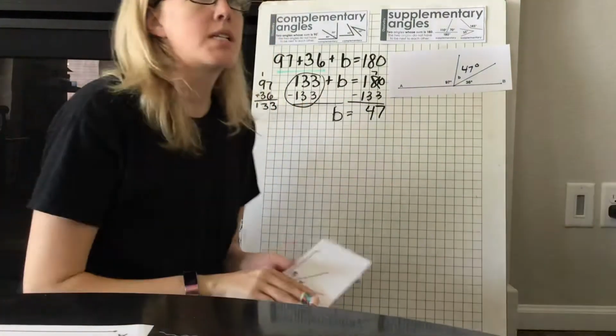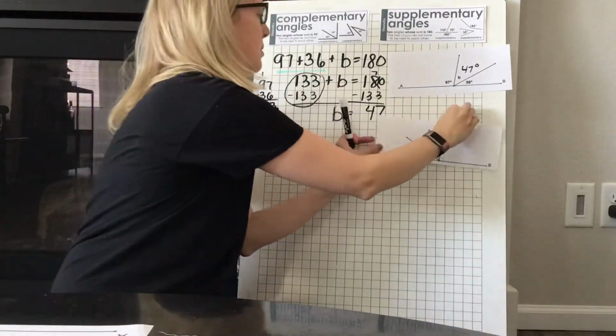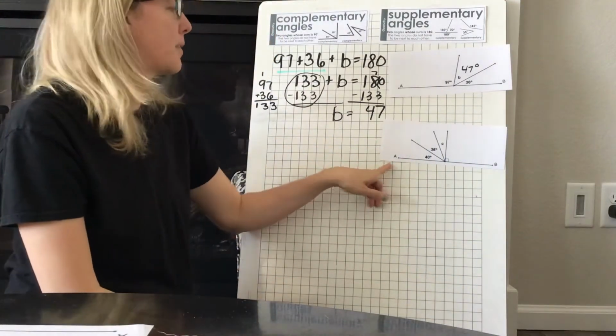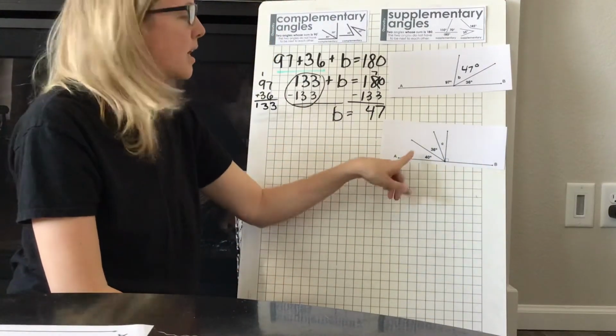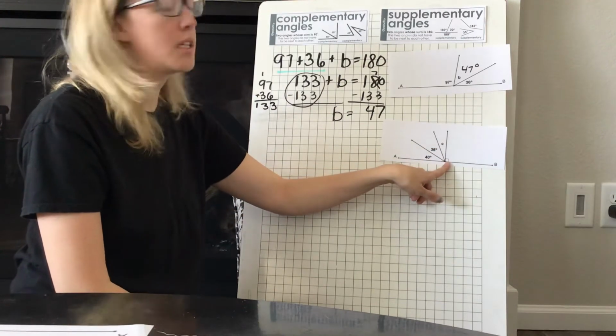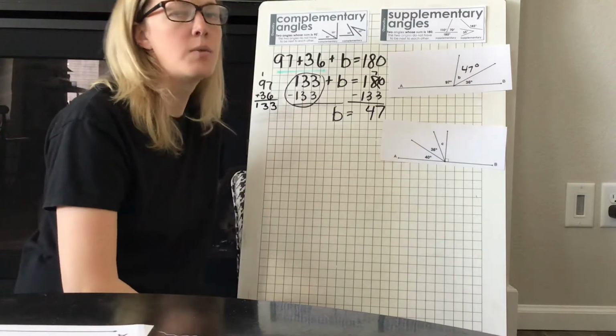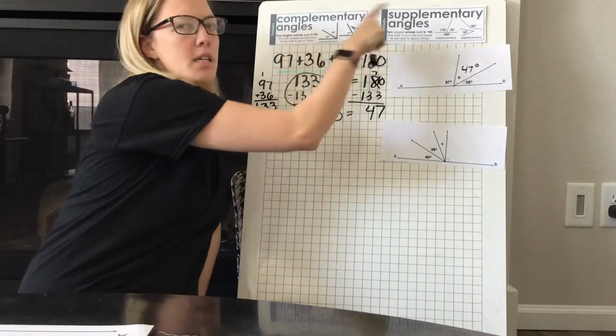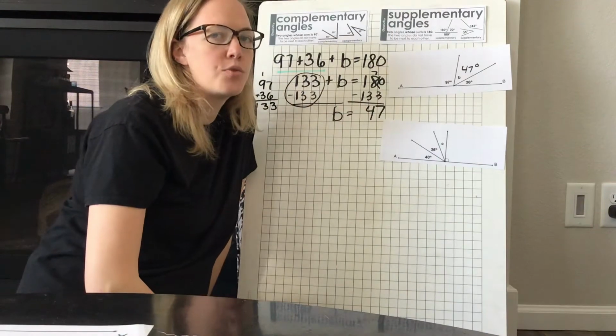All right, so example number 2. I'm going to put this up here. What I have here is a line, AB. I have a 40 degree, 36, a C, and then this one right here is telling me it's a right angle. So similar question as before, should I be using complementary or supplementary angles to find this?